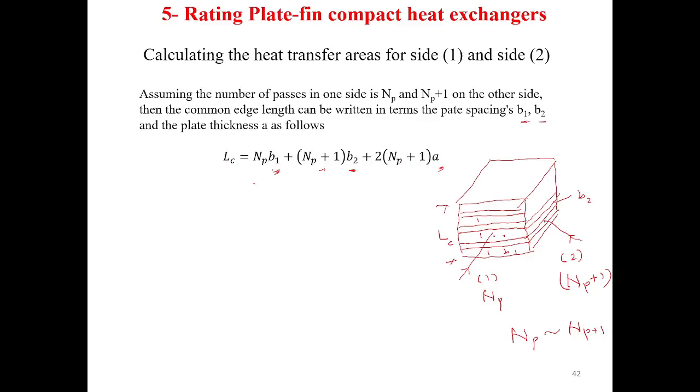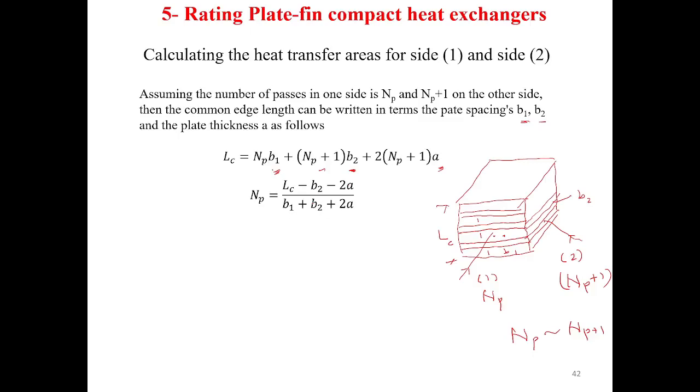Now you can take NP from this equation and write it in terms of other parameters. We can write NP equals LC minus B2 minus 2A divided by the summation of B1, B2 and 2A.